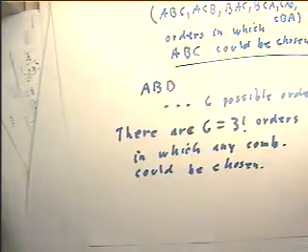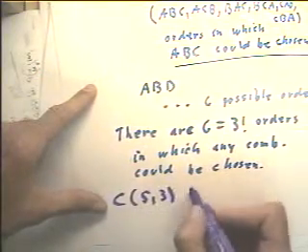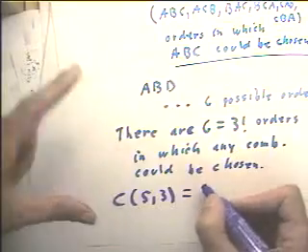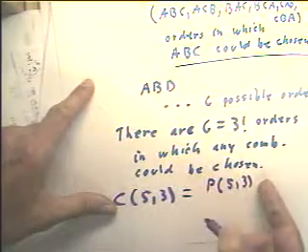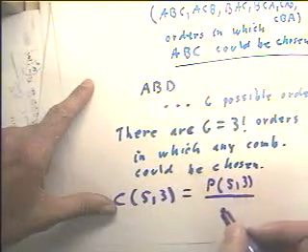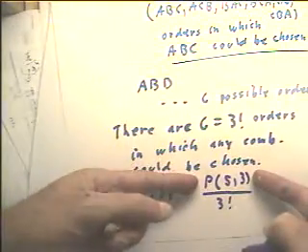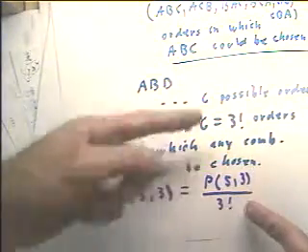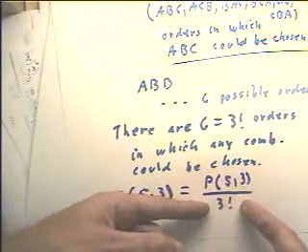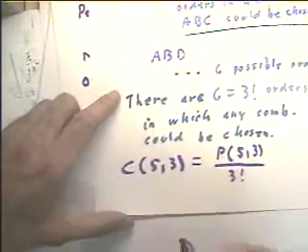So to get the number of possible combinations, we're going to say that the number of combinations C of 5, 3 can be calculated by taking the number of permutations, the number of ways the 3 could be chosen in order, divided by the number of ways of ordering the 3. So this represents a number of ways they could be chosen if they were chosen in order, but since order doesn't matter, we're going to divide by the 6 ways each could be ordered, or 3 factorial ways each could be ordered, and that's going to be our formula for the combinations.